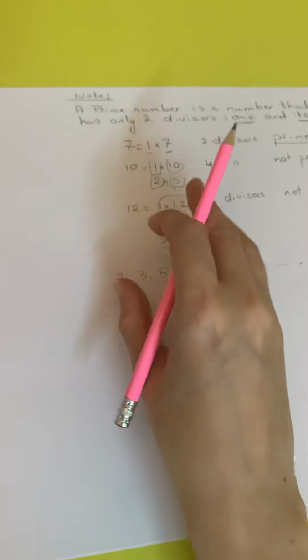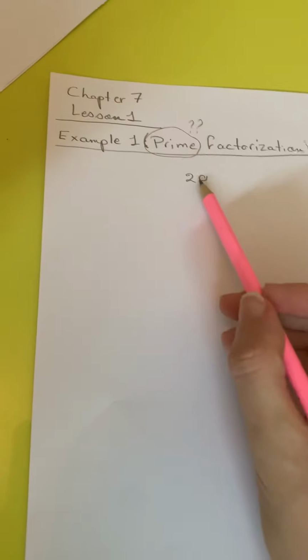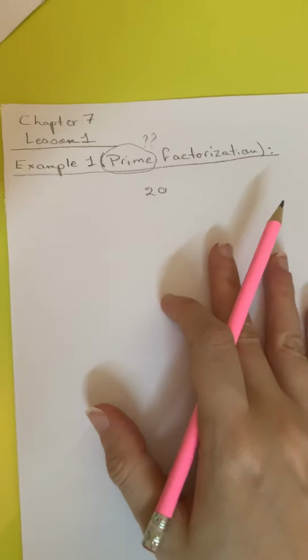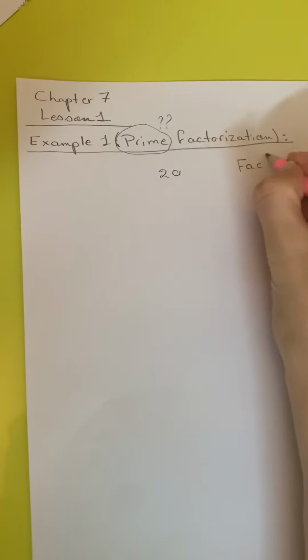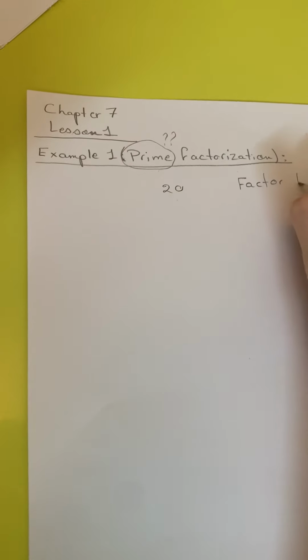So how can I use this here? Let's go back to our lesson. I need to break down 20 into smaller numbers. There are many ways to do that, but the easier way is the factor tree. A factor tree means I'm going to make a tree of factors.